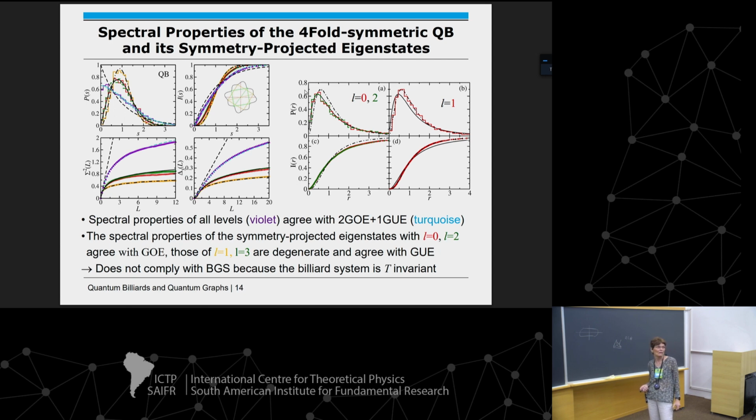Well, good morning, everyone. My question is about the constant width billiards. The unusual GUE behavior of the spectrum, is it just due to the mixed classical phase space, or is there some other reason? No, it has to do with the fact that when you have a quantum billiard with constant width, you cannot separate both directions.